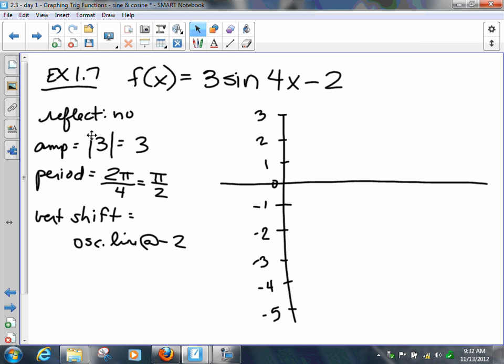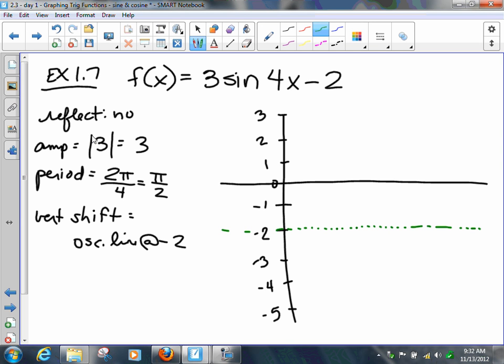Is it okay if I go that high? Yeah? All right, so you said my oscillation line's at -2. Okay, there it is. And my sine curve starts at my y-axis on the oscillation line. No rotation downward, no reflection. So I'm going to go up.